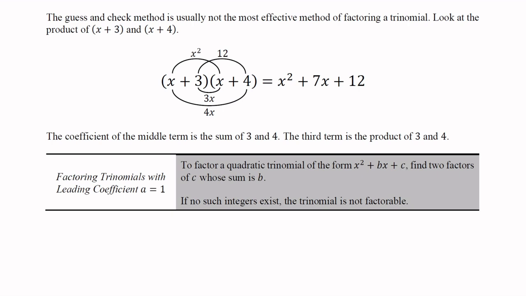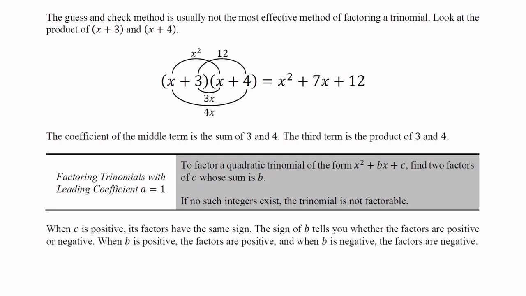So we can use this fact to have a more precise way of factoring trinomials with a leading coefficient a equals 1. To factor a quadratic trinomial of the form x squared plus bx plus c, find two factors of c whose sum is b. If no such integers exist, the trinomial is not factorable.